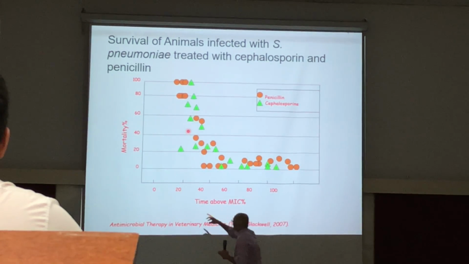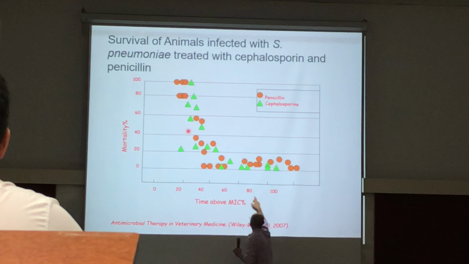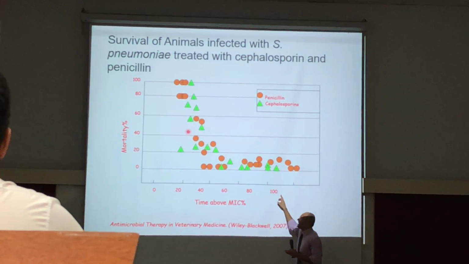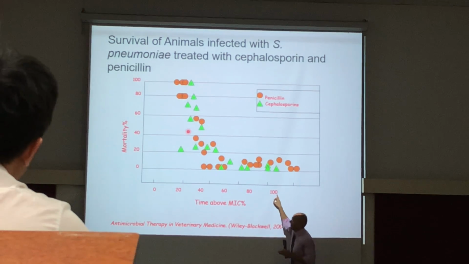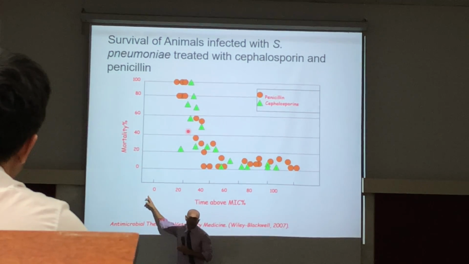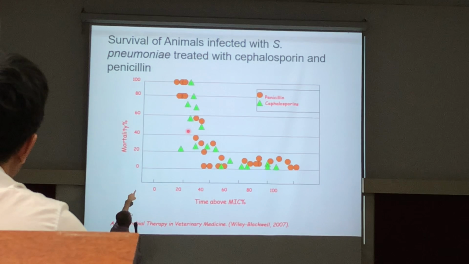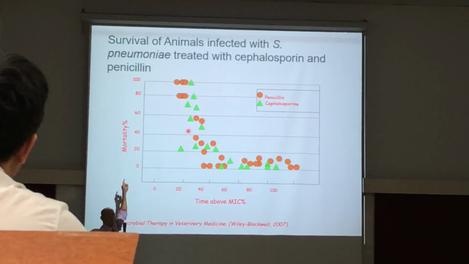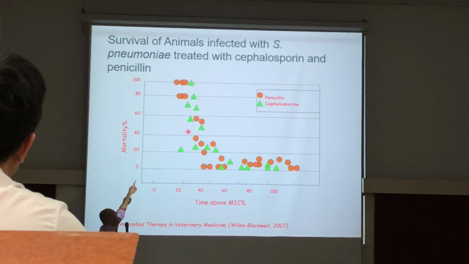Look, this is 24-hour time expressed as a percentage. So 100% is 24 hours. 0 is 0 time. And in here, we have the mortality of the bacteria after administration of 2 antibiotics.